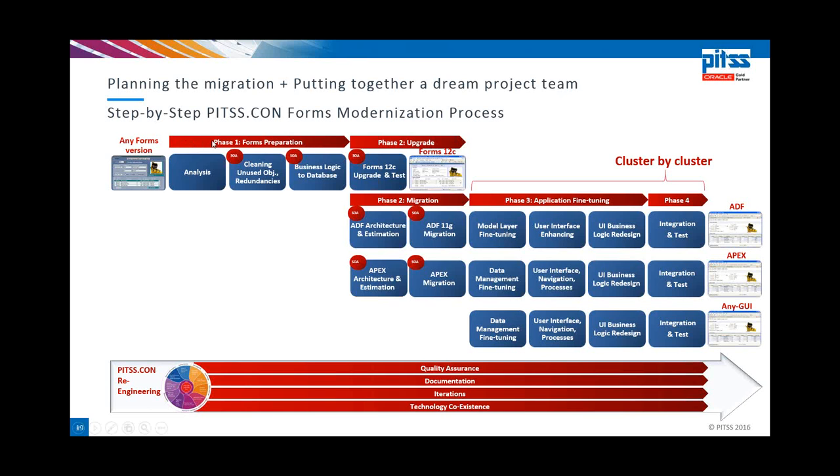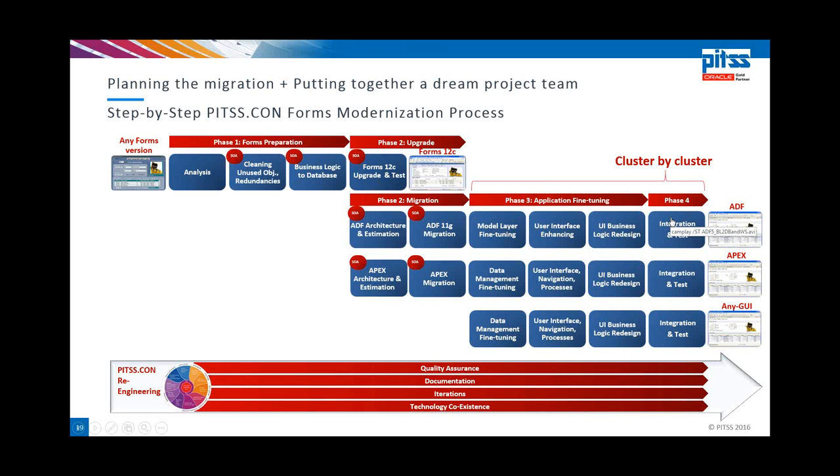You see here phase 1, forms preparation, and phase 2, usage of PitsCon for us. We use PitsCon to do partly automated migration. In case you have a fully manual migration, you would jump from phase 1 to phase 3. And then we have the migration, phases 3 and 4, which are migration and test.